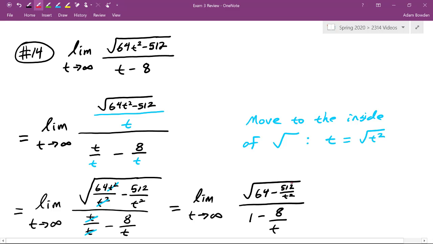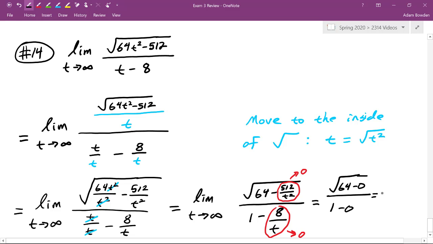And so remember how each of these things, when divided by t raised to a power, are going to go to 0 as t, or the variable, goes off to infinity. So this is going to be all equal to the square root of 64 minus 0 divided by 1 minus 0, or just the square root of 64 divided by 1, which tells us the whole limit is equal to 8.